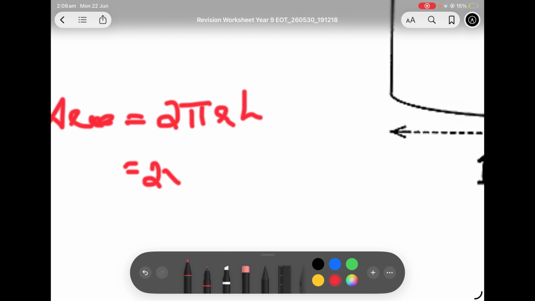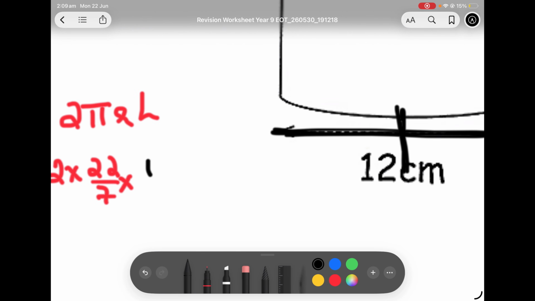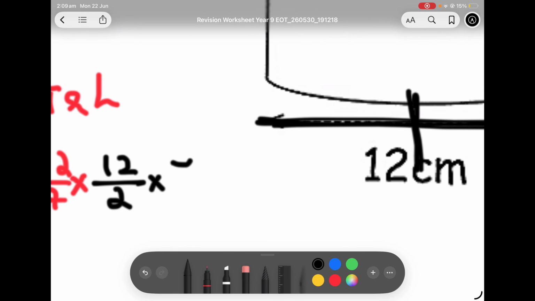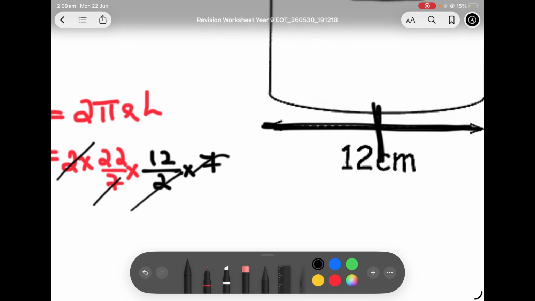So that goes as 2 into 22 by 7 into r. Here look, you do not have the radius, you have the diameter. This is the diameter, so radius would be half of it. So it goes 12 over 2 times the height, which is 7. This 2 goes off, 7 and 7 goes off.